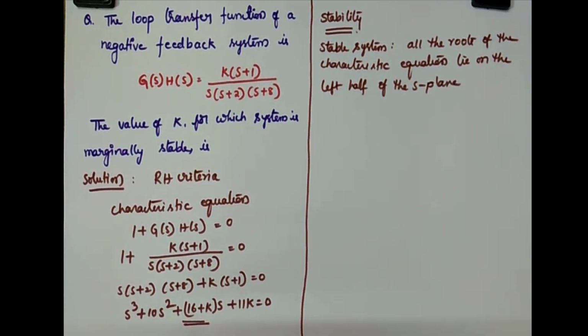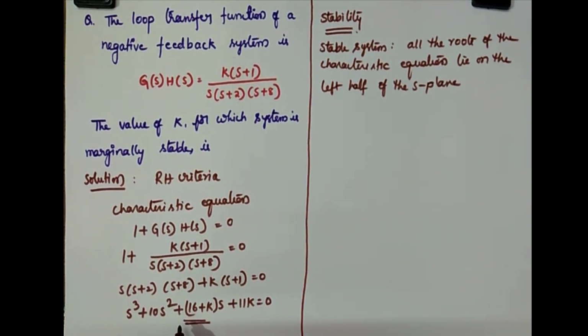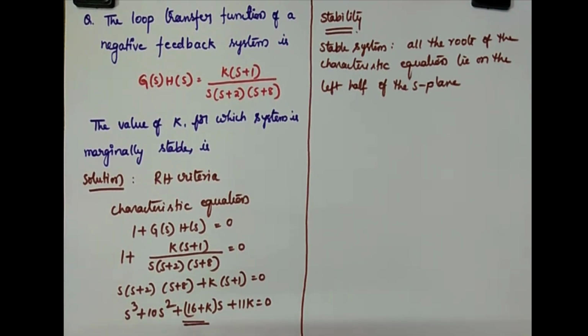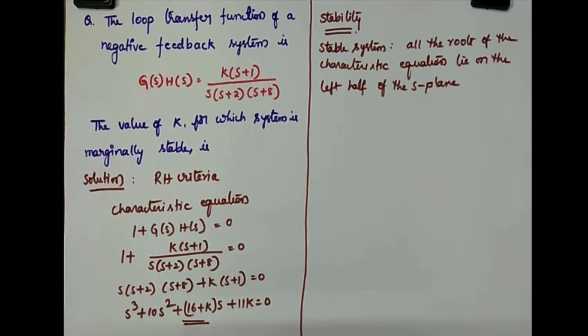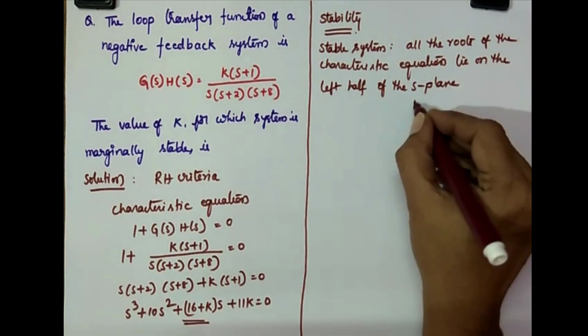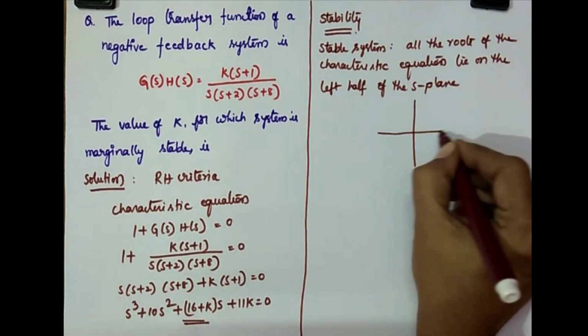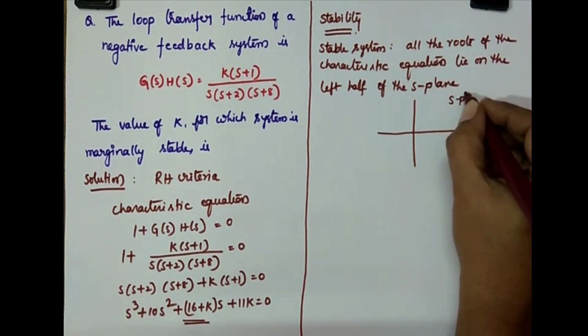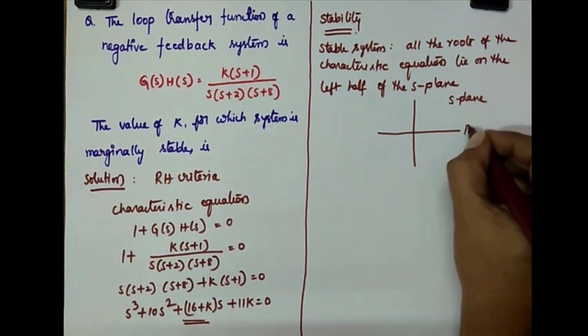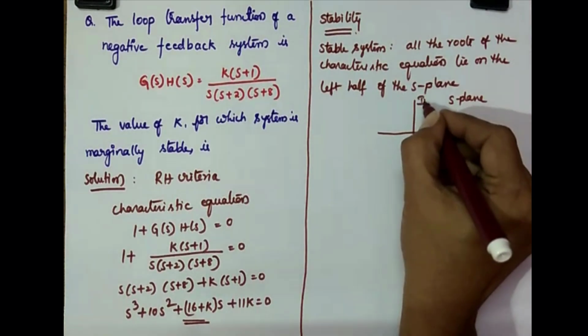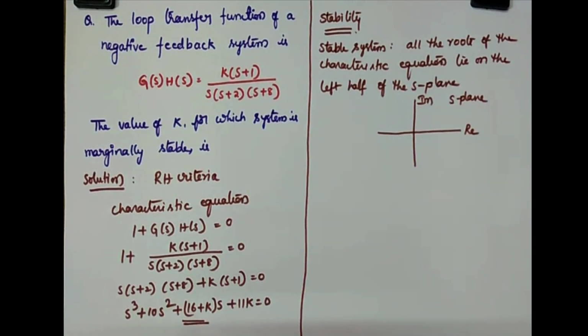See here, this is the characteristic equation. It has 3 roots because it has an S cube term. Find those 3 roots, then locate those roots in the S-plane. This is the S-plane, with the real axis and the imaginary axis.